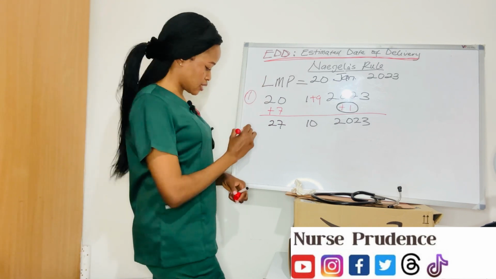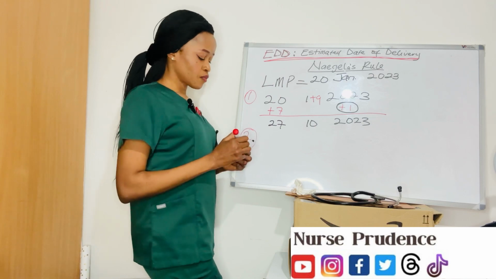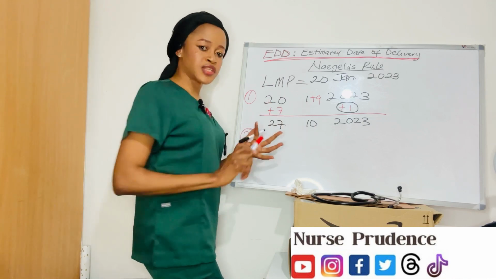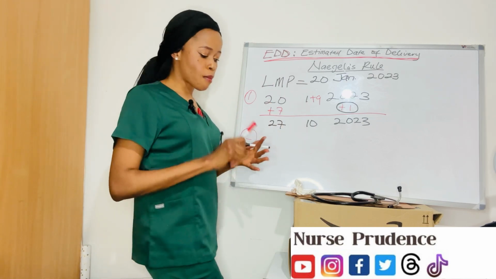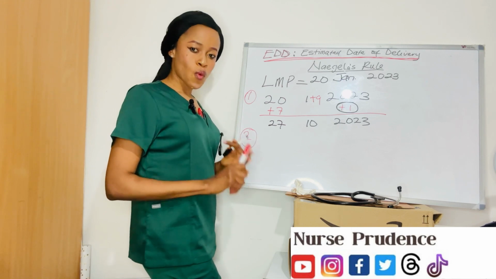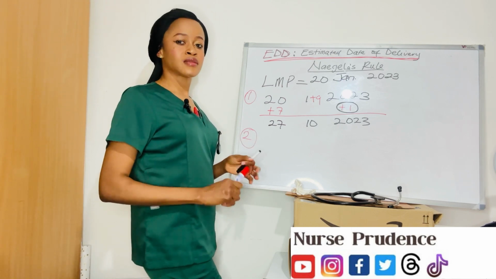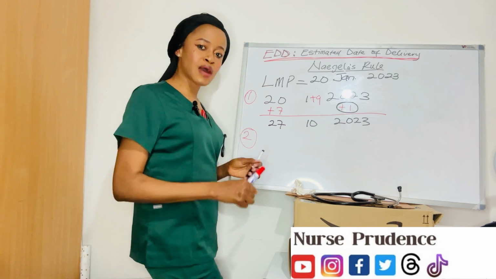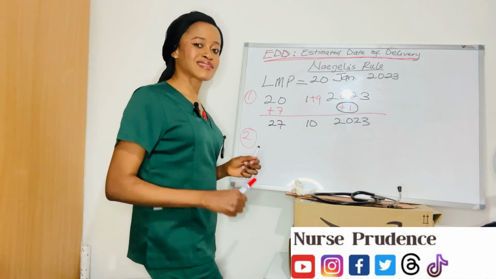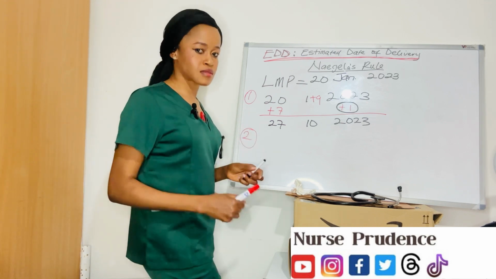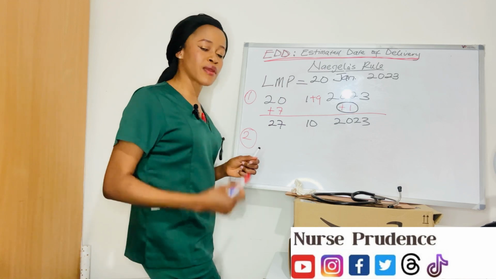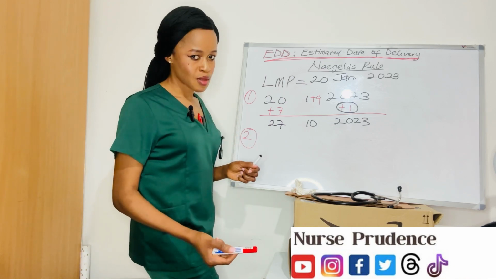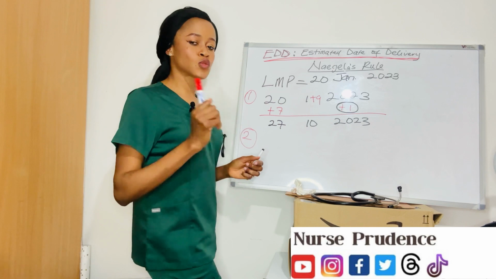The second method is, whenever you see January, February, or March, what you are going to do is continue counting as 13th month. You will take January as the 13th month. Already, December is 12.